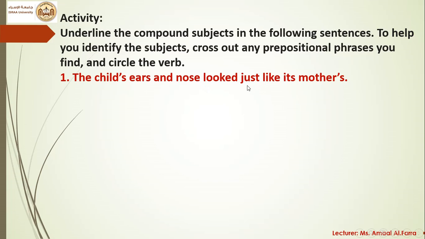After that, underline the subject. After crossing out prepositional phrases and circling the verb, you can underline the subject. Underline the compound subject. Put a line under the compound subject.